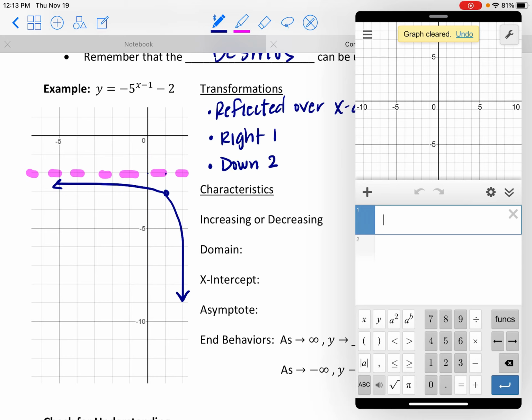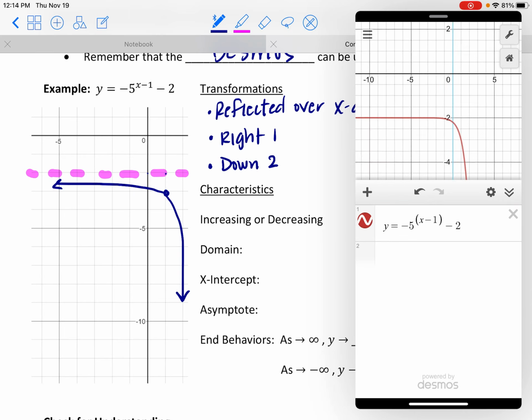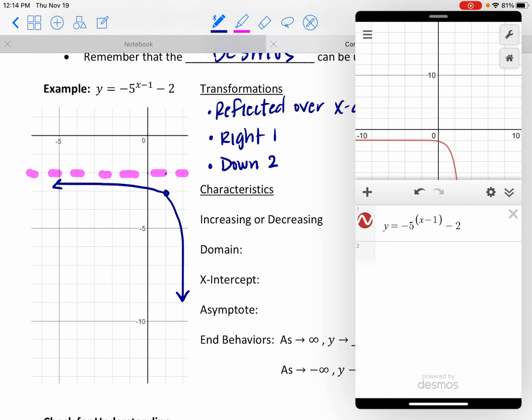So there's a sketch. Okay, now let's verify that we got this going in the right direction. So y equals negative 5 raised to the x minus 1 power, and then after the exponent, a minus 2, and that appears to be what we've graphed. And yeah, this looks about right.